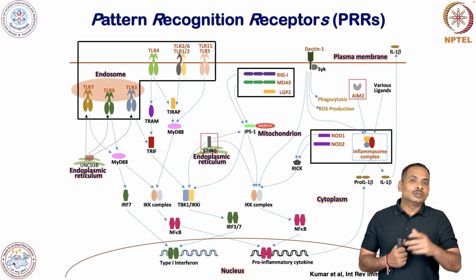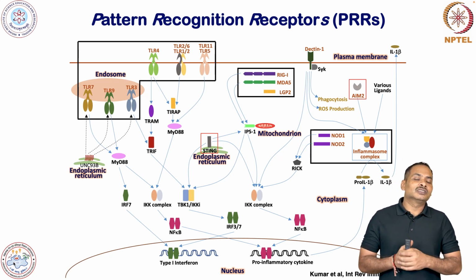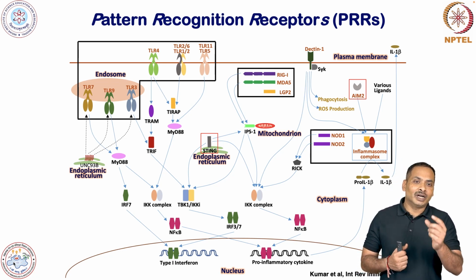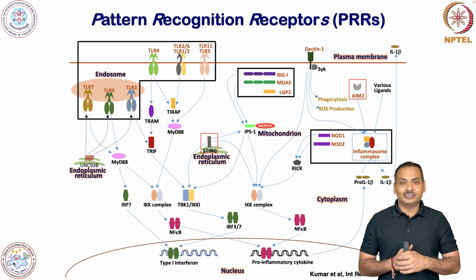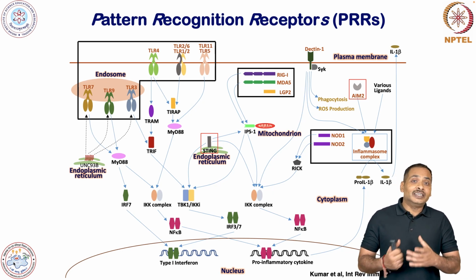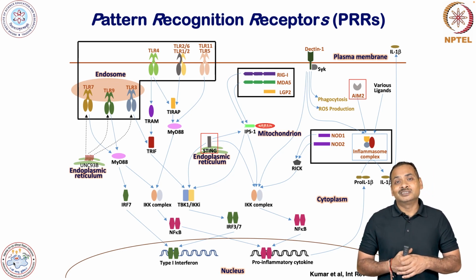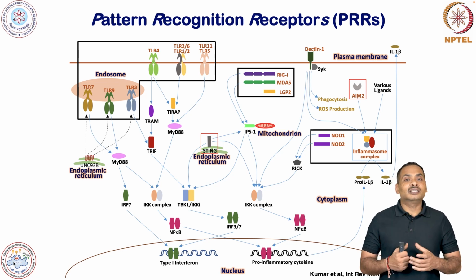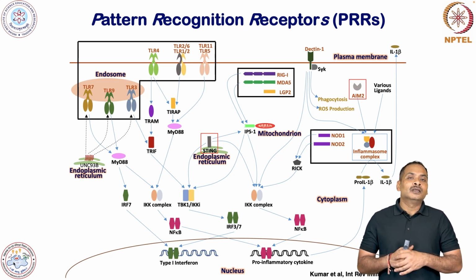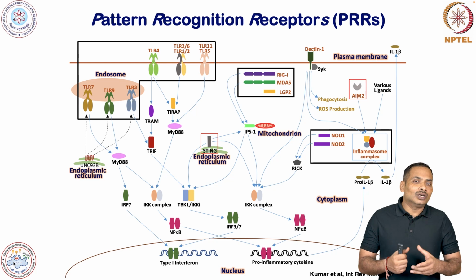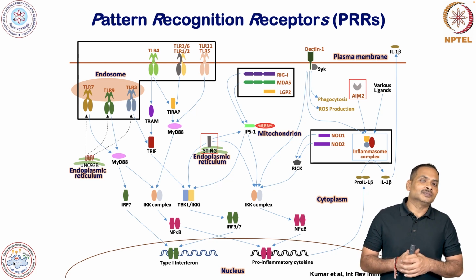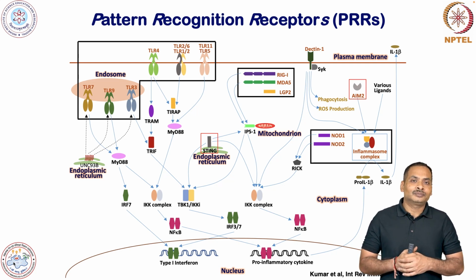So, TLR4 uses MyD88 as well as TIRAP or MAL. In addition, it also uses another very important adapter known as TRAM and TRIF. So, TLR4 uses all the adapters of the TLR signaling.